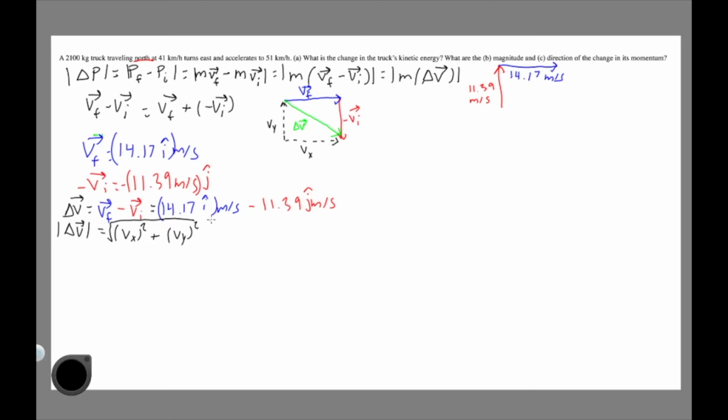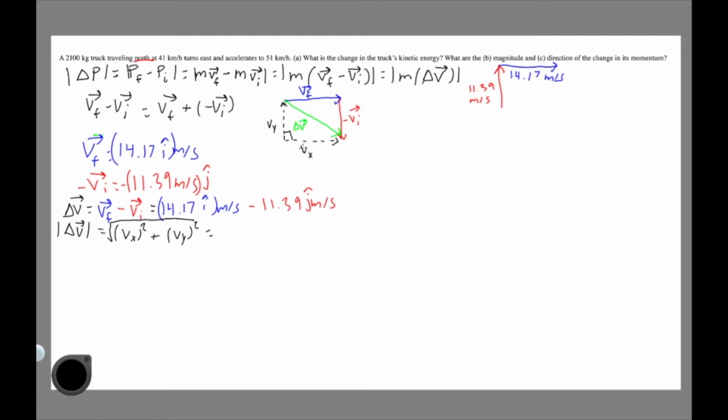Actually, let me explain where this formula comes from first. This formula comes from the fact that delta V, Vy, and Vx form a right triangle.